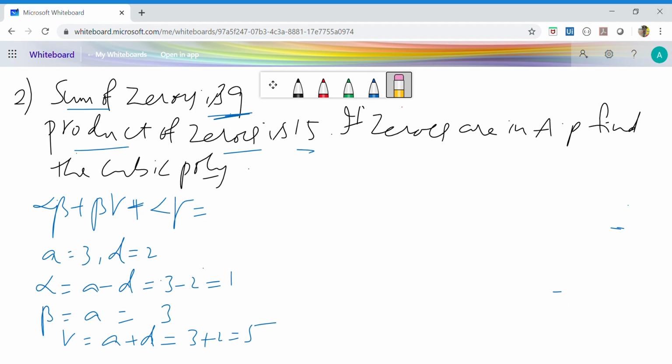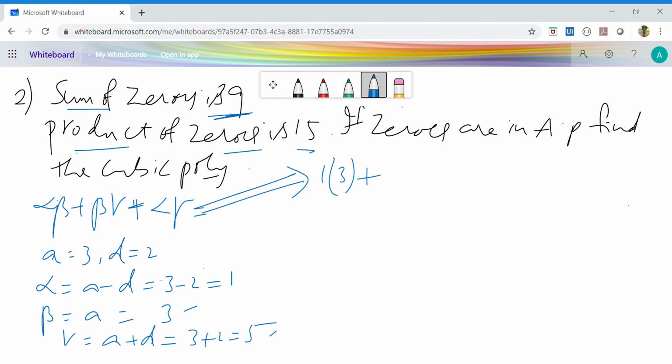Next you substitute in that, you will get the middle term. So alpha beta plus beta gamma plus alpha gamma: alpha is 1 into beta 3, 1 into 3, plus beta gamma 3 into 5, plus alpha gamma 1 into 5, is nothing but 3 plus 15 plus 5.